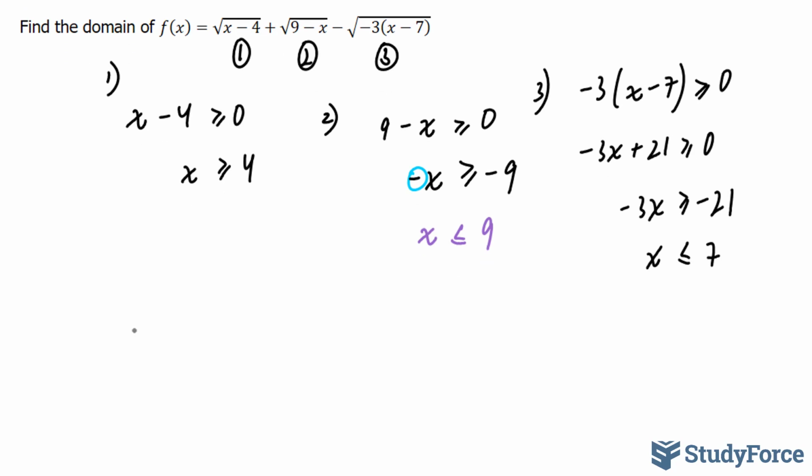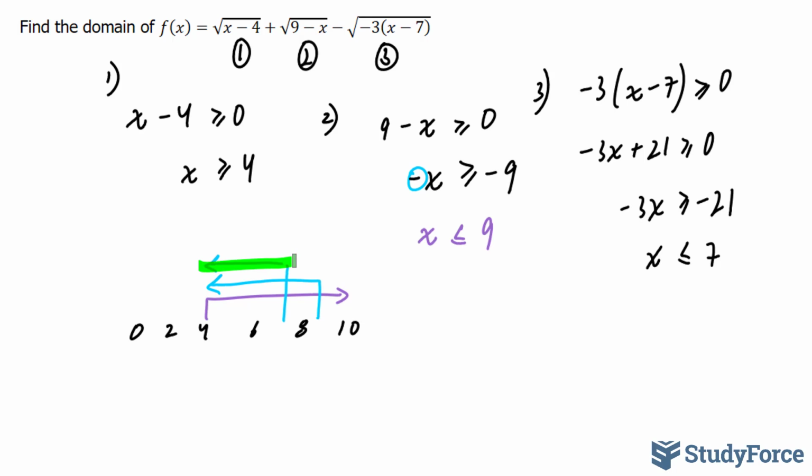We're going to create a number line now from 0 all the way to, let's say, 10. X must be greater than 4. X must be less than or equal to 9. And x must be less than or equal to 7.